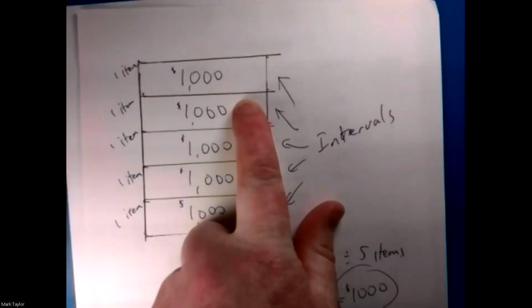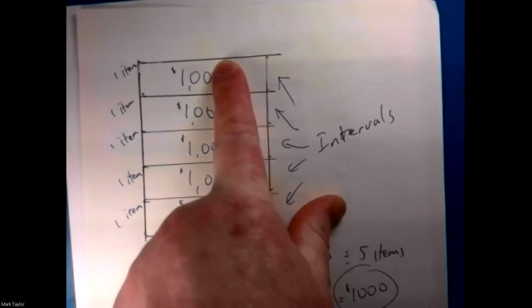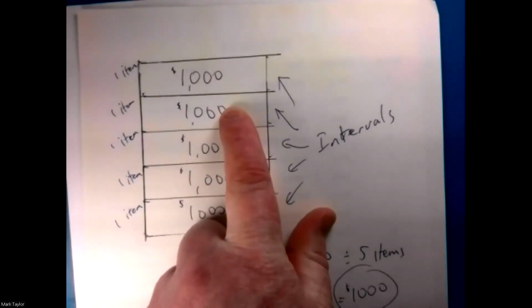We always pick the one that crosses the higher interval, when it goes across the higher interval. So usually that's a larger item that we're more interested in.